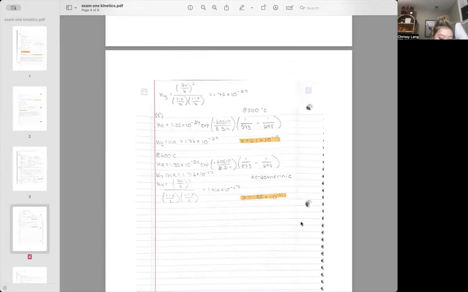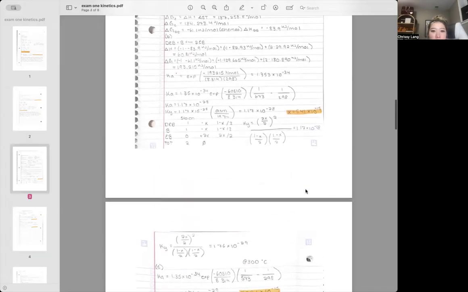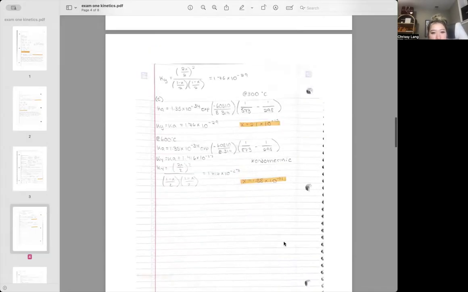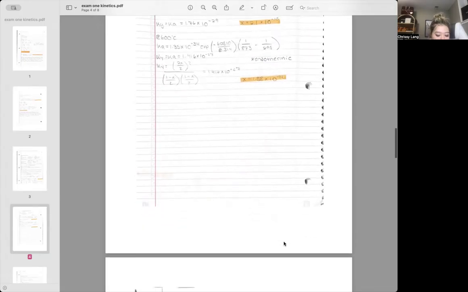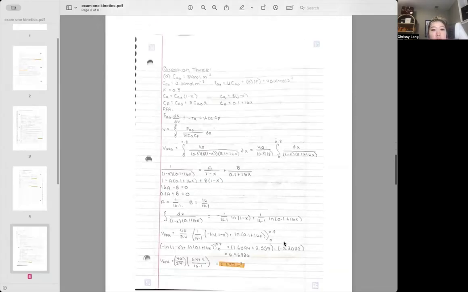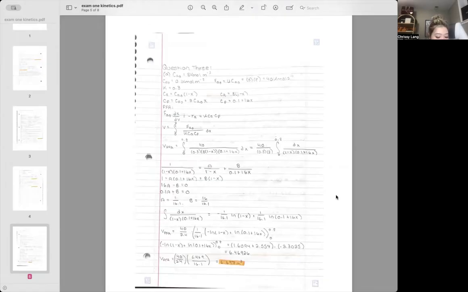Similarly, since the reaction is endothermic, higher temperature drives equilibrium towards more EB formation, while lower temperatures favor DEB and benzene. These are supported by the given X values that were found at 300 and again at 600. Each one was solved just like part B, just for different temperatures. And then moving along, we have question 3, part A.